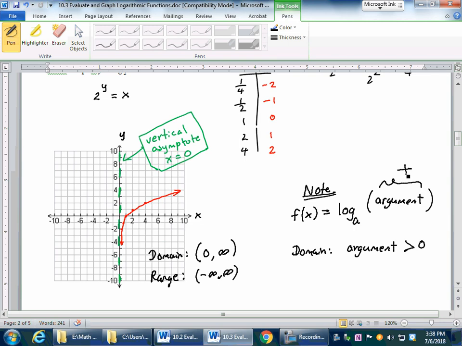Now you can use your calculator and try this. If you put in an argument as a negative number, it will give you an error. So this is something that you need to remember to find the domain of a logarithmic function. This is important.